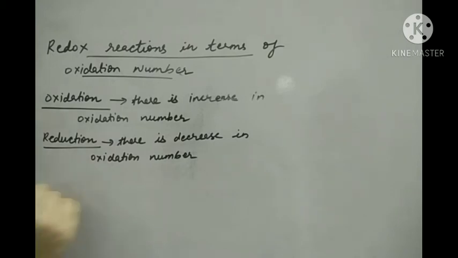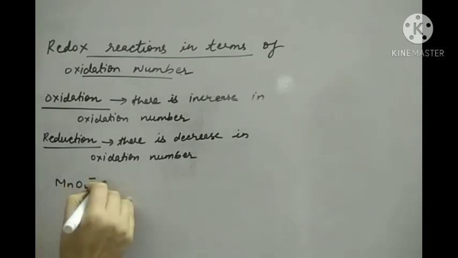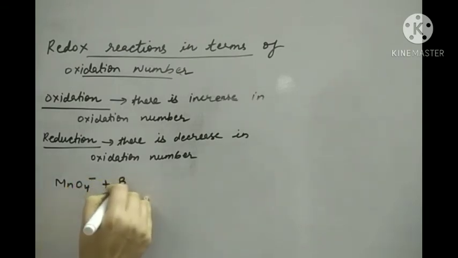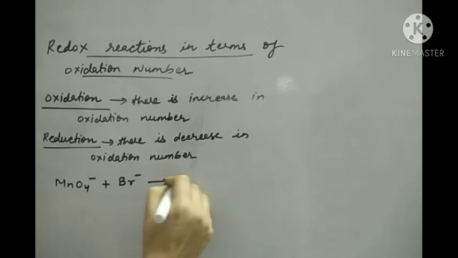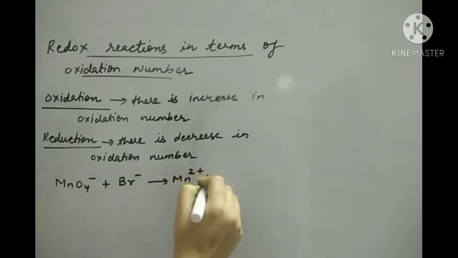So we'll take one reaction here. Suppose this reaction is given to me and I have to find out that which substance is oxidizing and which substance is reducing. So I will find out the oxidation number of all the elements.